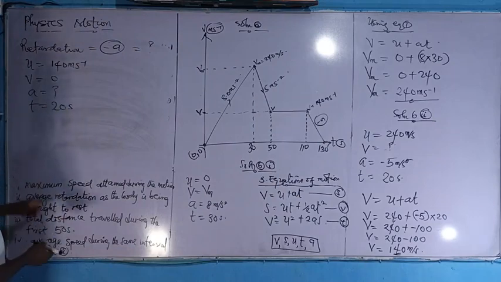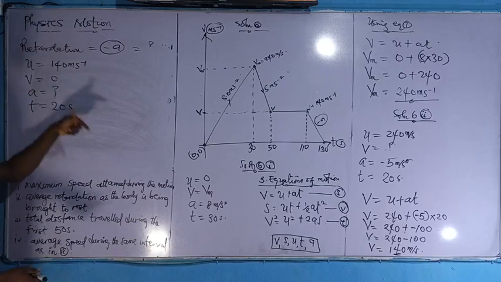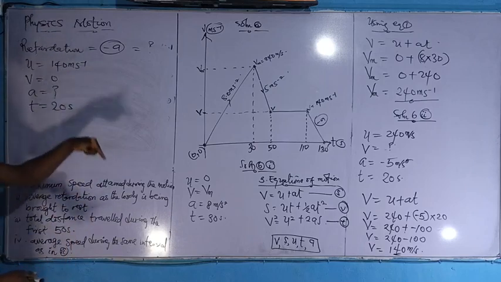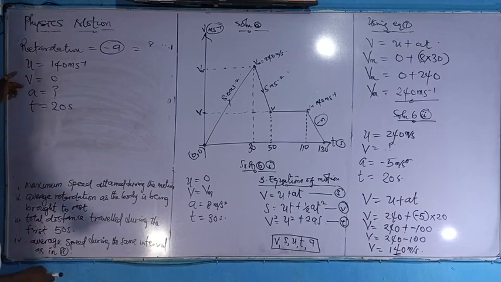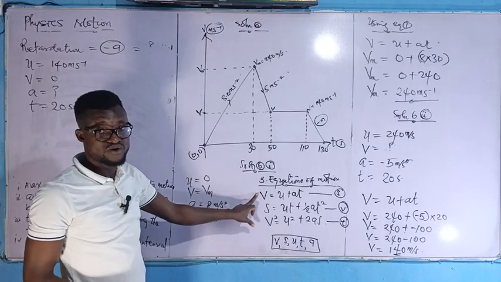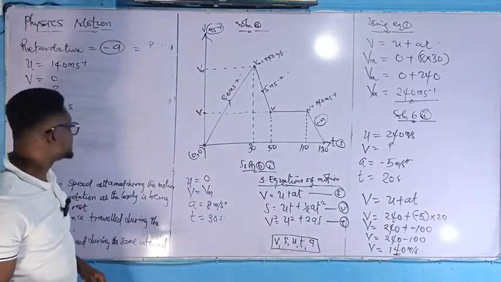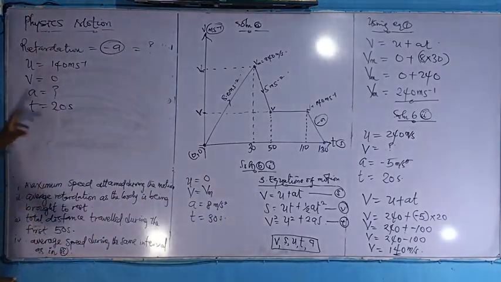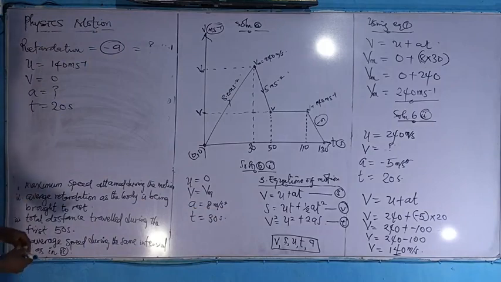Then in order to get the acceleration of the body, we get a formula that relates these parameters. Now we have U, V, A, and T. One parameter is missing here, which is S. The formula we are going to use will also be equation 1, because the distance is missing here. So we use equation 1.